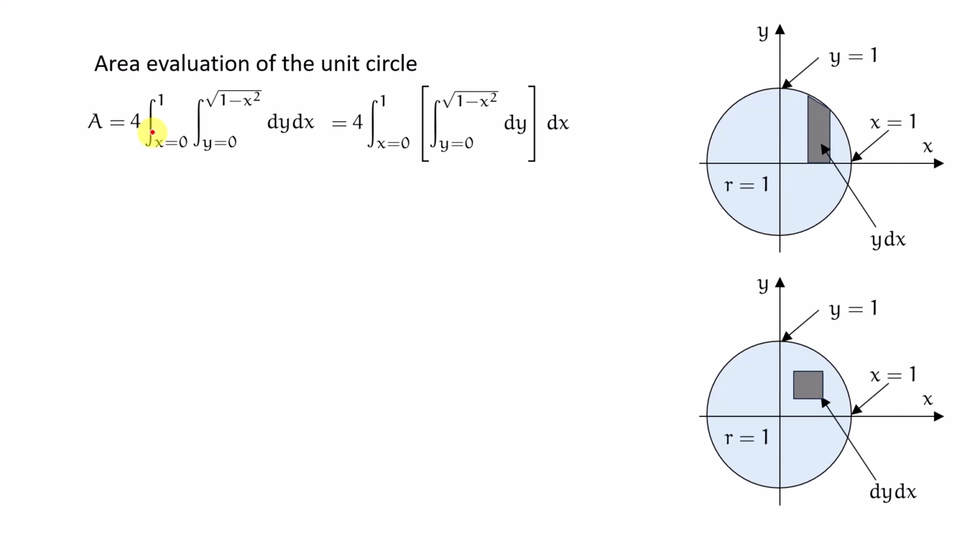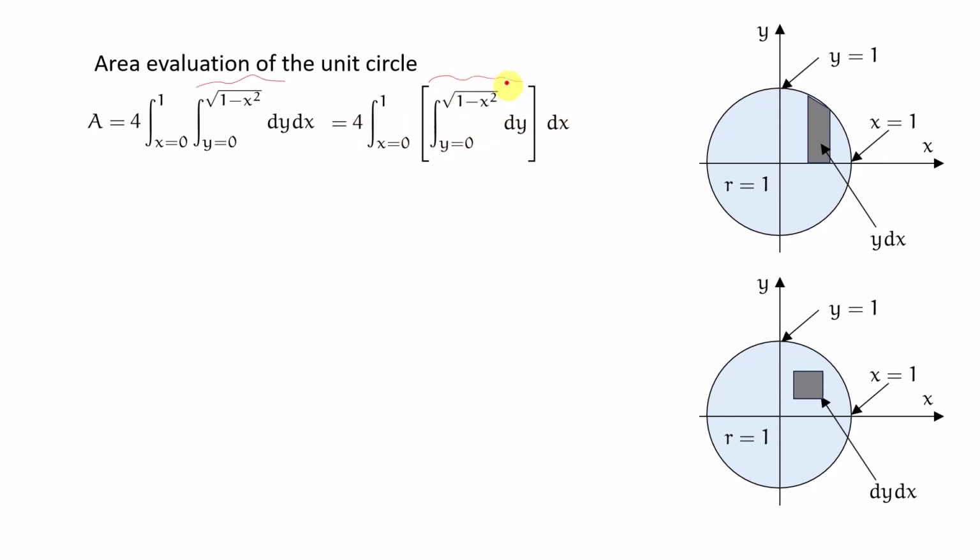Now, how do we actually evaluate this integral analytically? When we analytically evaluate this integral, this part we complete first within the inner bracket. When we do this integration, we completely forget about what is there outside it.